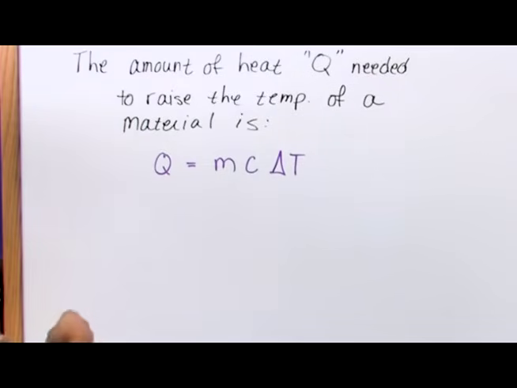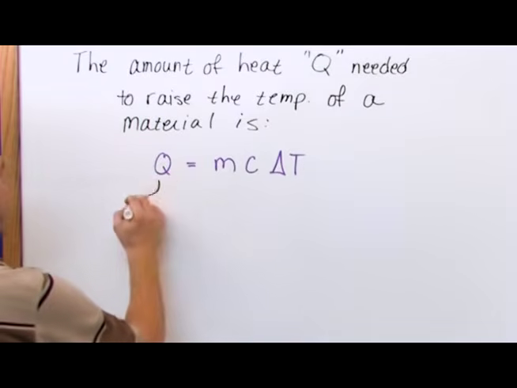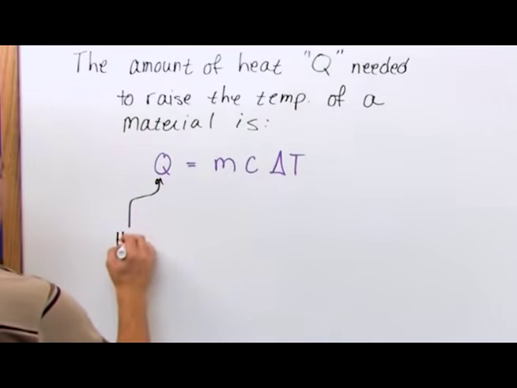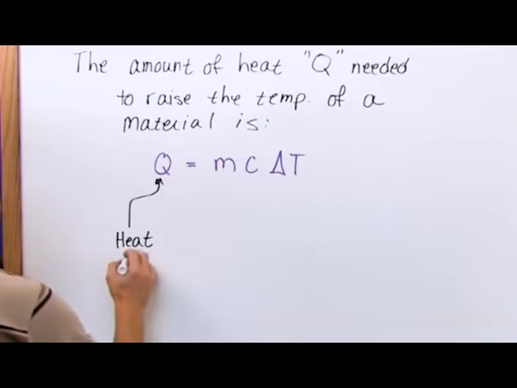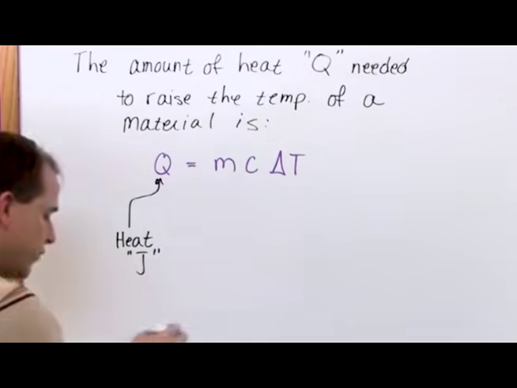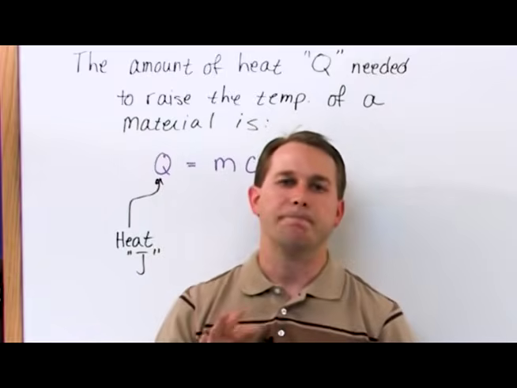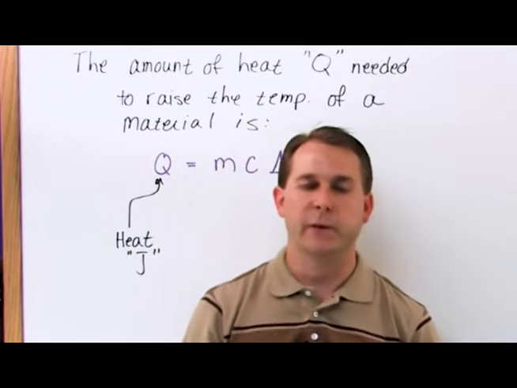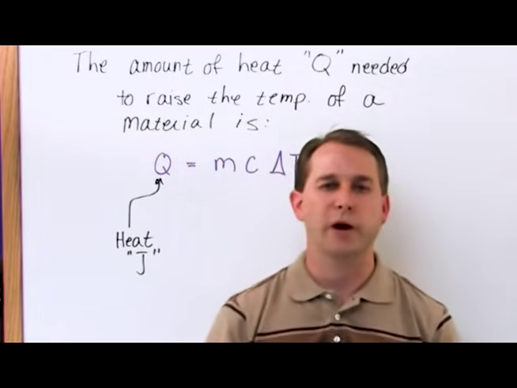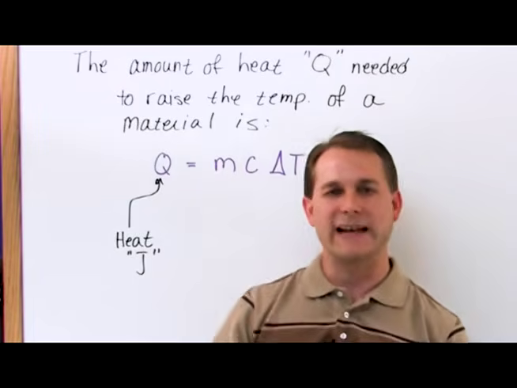So let's go ahead and label this stuff and make sure we're all on the same page. Q. We said Q is what we're calling heat. The unit of this, which should not be a big surprise to you, is the joule. You'll find out that in physics, it's very convenient and very neat the way they have it set up. Back in Physics 1, you're talking about potential energy and kinetic energy.